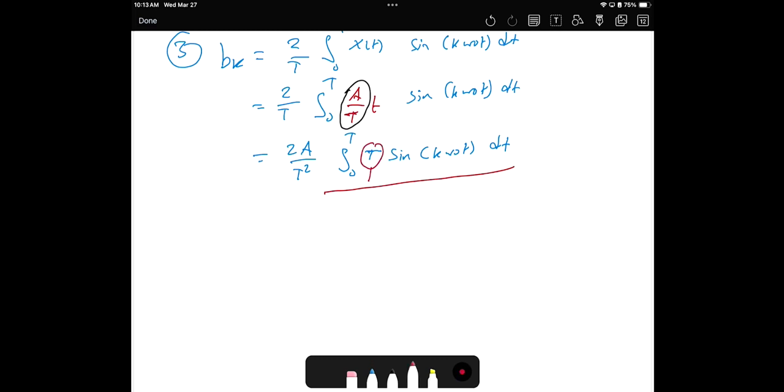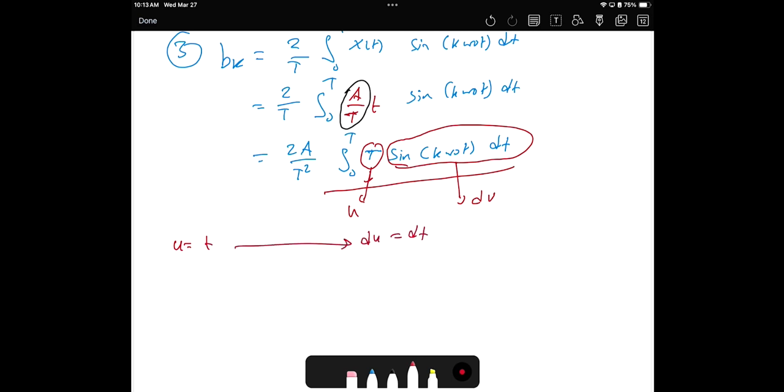So t, I'm going to assume it as u. Then sine k omega naught t dt, I'm going to assume it as dv. So we can say u equals t, then the derivative du will be dt. dv equals sine k omega naught t dt. Then v, which is the integration of the sine, which is negative cosine, and there's a constant, so negative 1 over k omega naught cosine of k omega naught t.